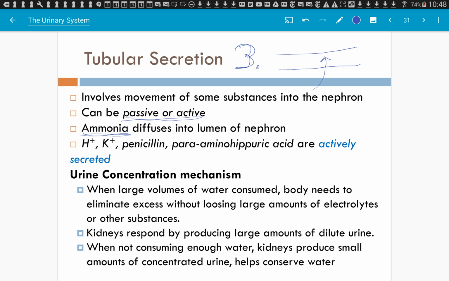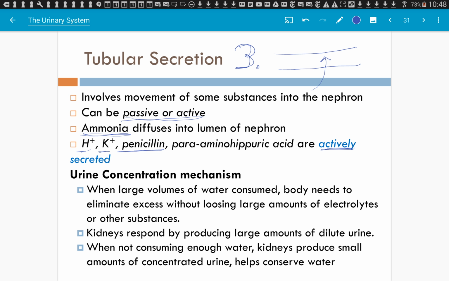Some of it's kept to keep that concentration level high in the medulla. Some things like hydrogen ions, potassium, penicillin. So if you've taken antibiotics like penicillin, you can tell someone's taking it if you test their urine. It's secreted out in the urine, which is really kind of interesting, and it's an active process.